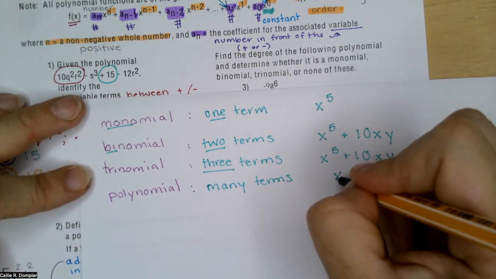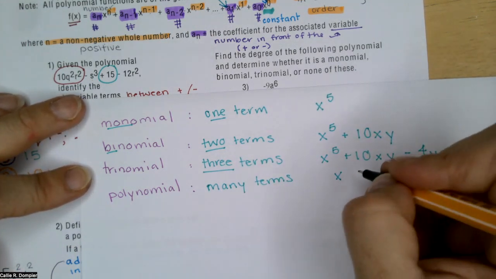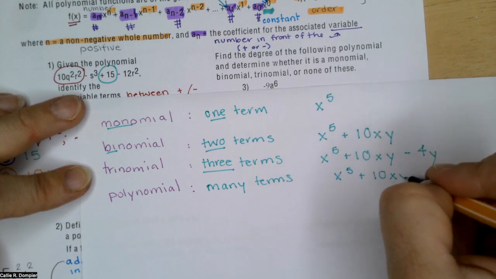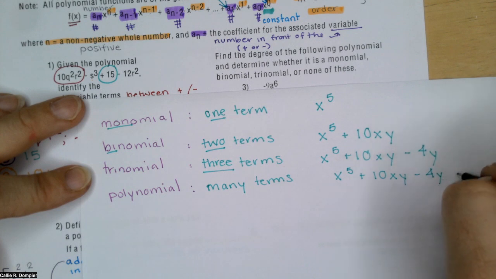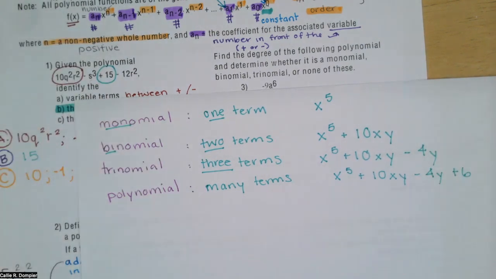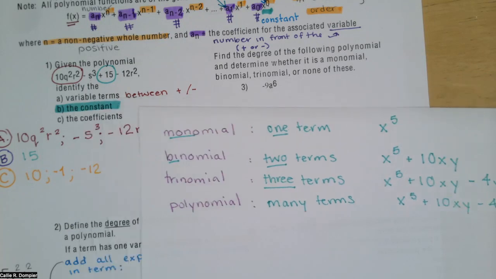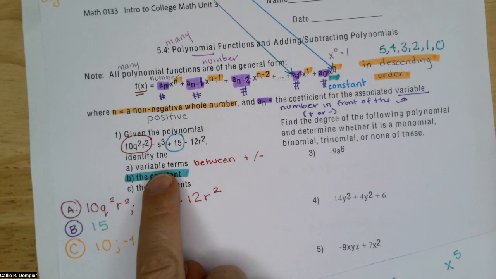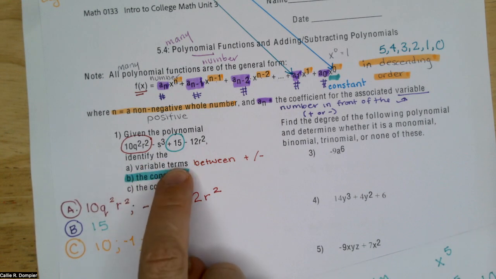Good. X to the fifth plus 10xy minus 4y plus 6. Good. A constant is a term that does not change. So over here, we had three variable terms.